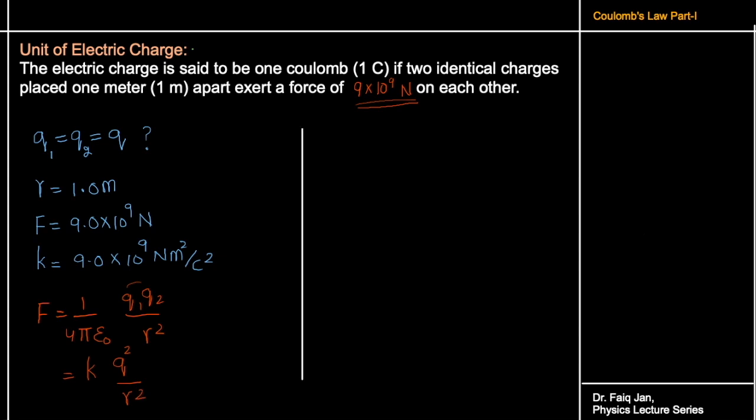Now we can write this expression as Q squared is equal to F r squared by K.